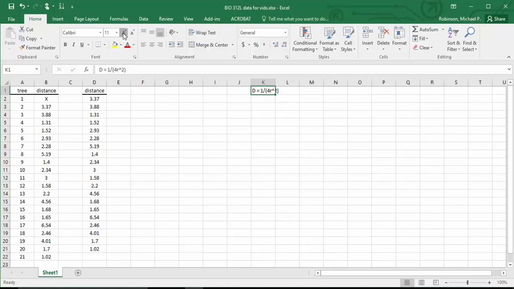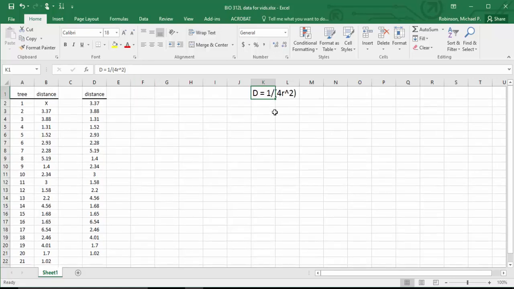That's the equation we're going by, where r is the mean distance of all distances, and D is the density, in this case, of our trees.